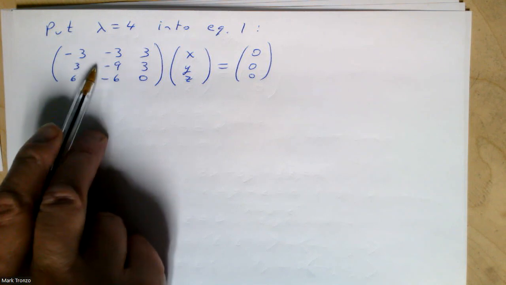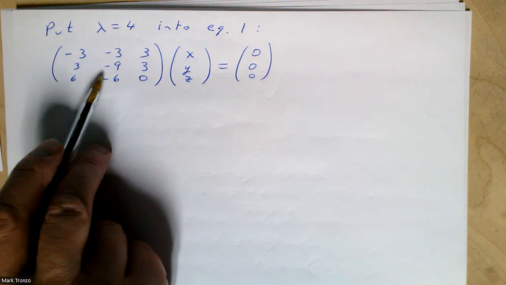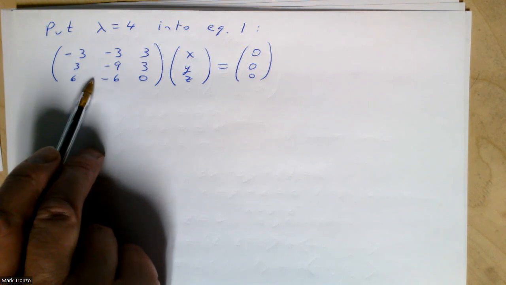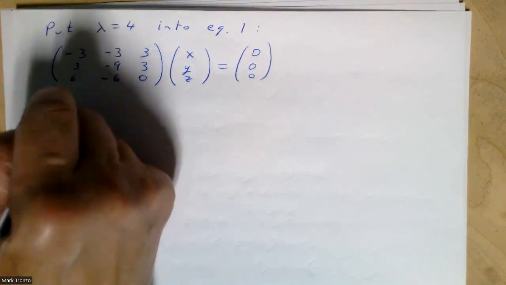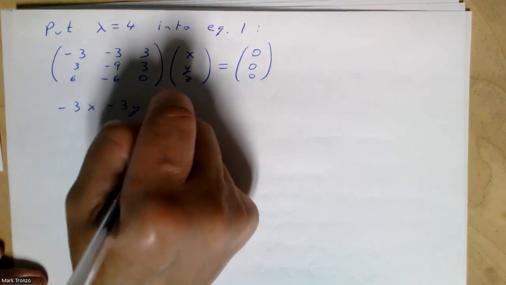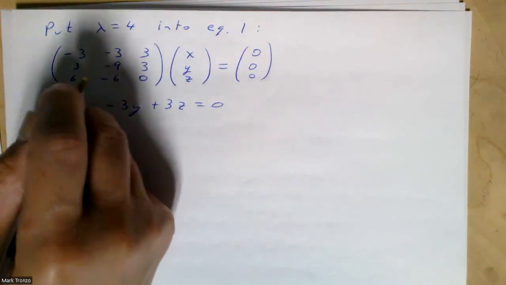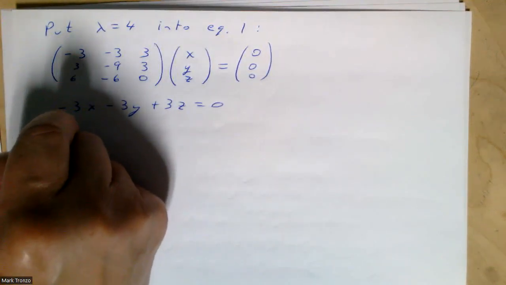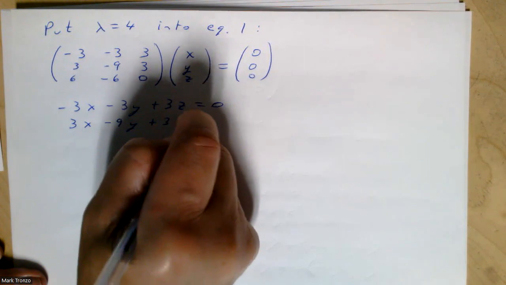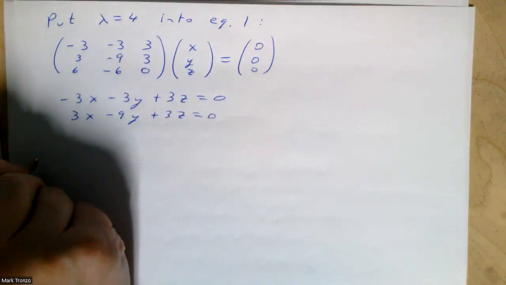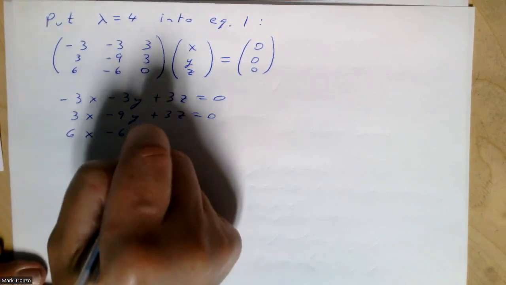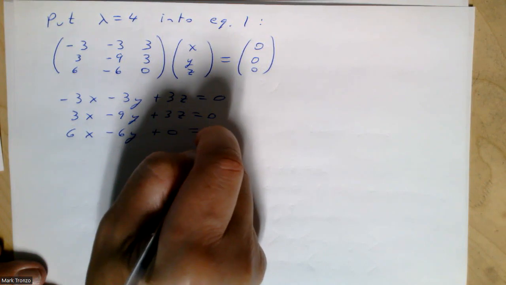And let's see what we're going to get here. This time again, you could use Gauss reduction if you wanted to. Or let's see, is there another way? This one probably would be easier using, like, say, Gauss-Jordan or something like that. And 6x plus 6y plus 0 is 0.